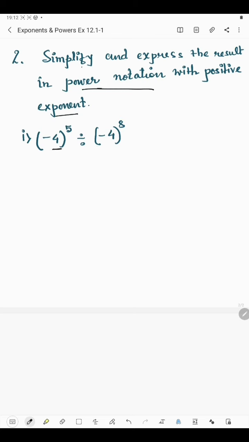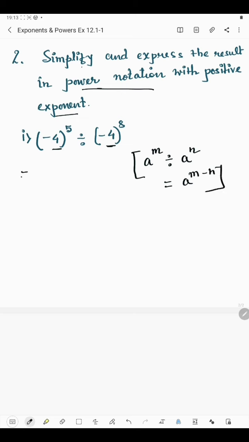Now here we have the same base, which is minus 4, and according to the law, if you have the same base and the power is different, and in between the divide sign is there, we just subtract the powers. We write the base and subtract the powers.